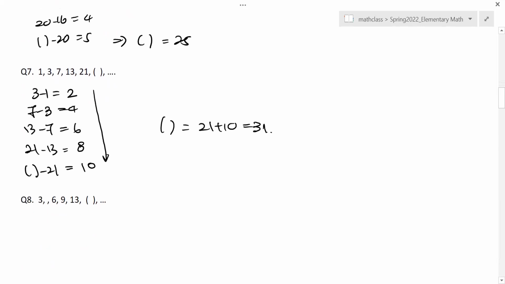All right, so we move on to the next one. Let me check. 3, 4, 6, 9, 13, and then a blank.